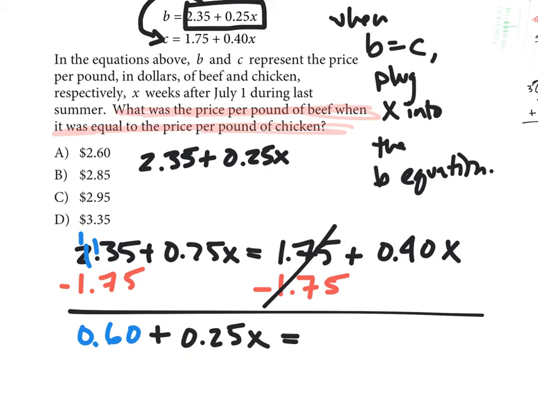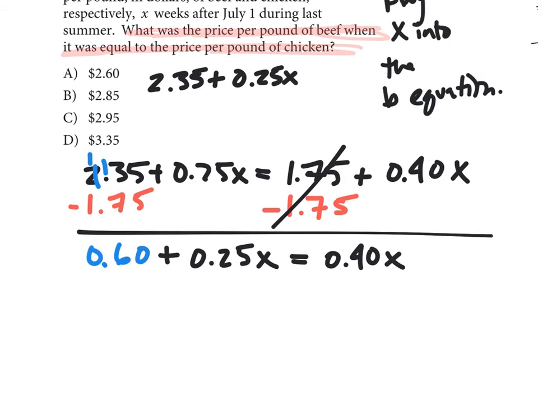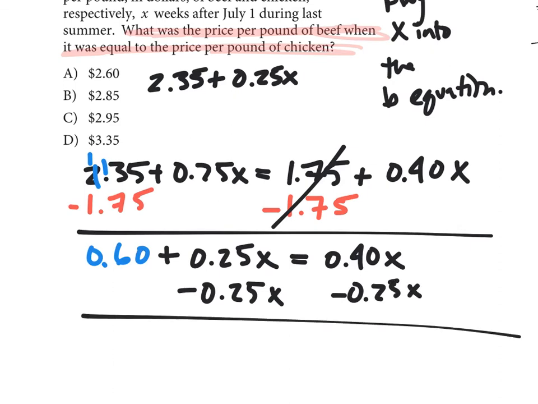So 0.60 plus 0.25x is equal to 0.40x. Then I subtracted the combined like term, 0.25x minus 0.25x, and I get 0.6 is equal to 0.15x.